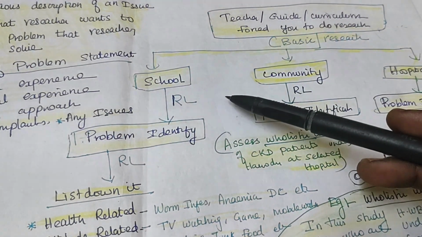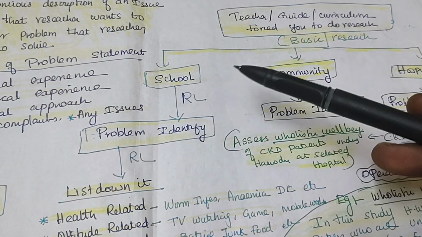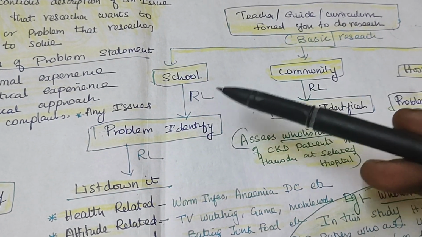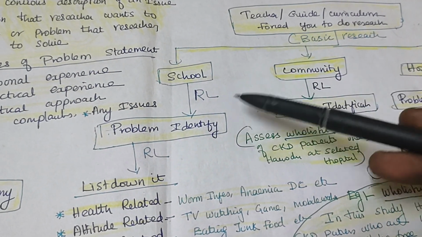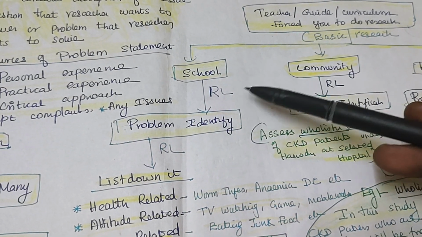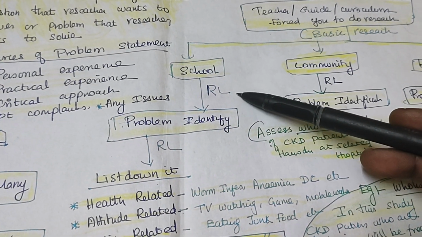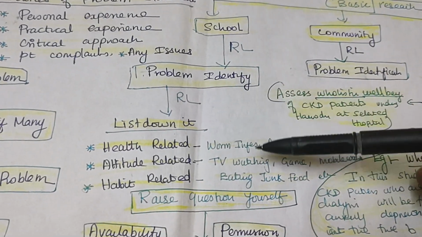What are all the problems of school children? Of course, school children have dental problems, psychological problems, mental problems, mobile addiction problems, new problems. Not only that, respiratory problems, diarrheal disease problems, communicable disease problems. There is mobile addiction syndrome and many psychological problems students are facing. You identify where your interest is and list down the problems. How do you list them down?